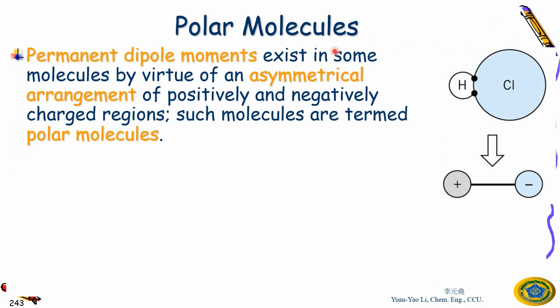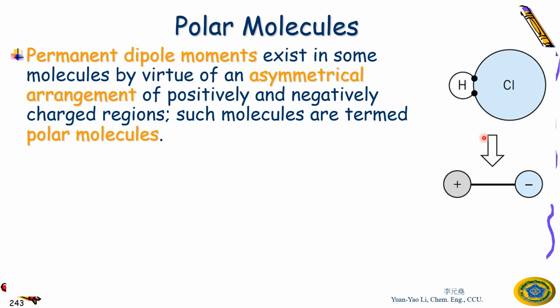So permanent dipole moments exist in some molecules by virtue of the asymmetrical arrangement. Asymmetrical means what? It's not evenly distributed, right? So of the positively and negatively charged regions. This is the positively charged region. This is the negatively charged region, right? Such molecules are termed polar molecules.